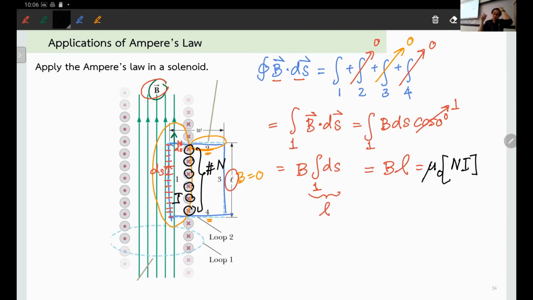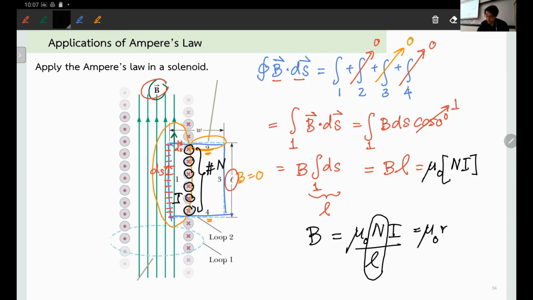Each wire gives you one current I. If you have n of them, you just have n times I. And that's it, guys. The magnetic field is just mu naught, number of wires, current flow, divided by the length of that portion of the Ampere's loop. And then you can squeeze this in. This is just the number of lines of the loop per unit length. I can keep it simple like this, and you're done.